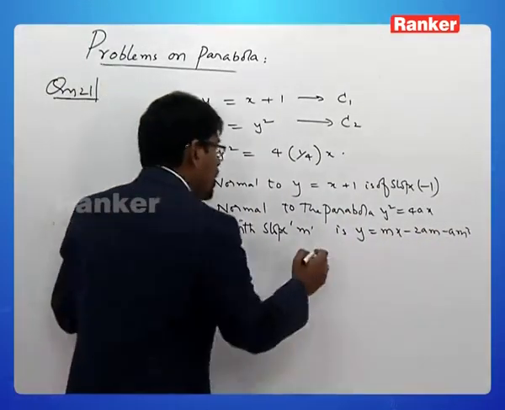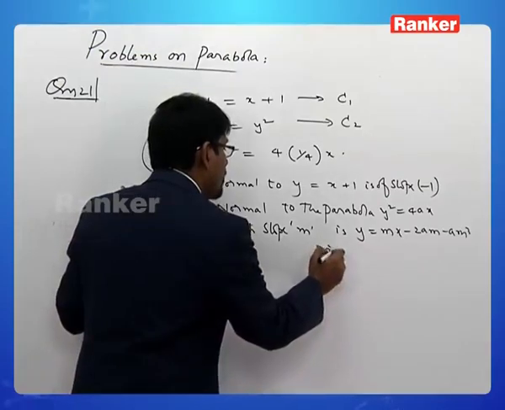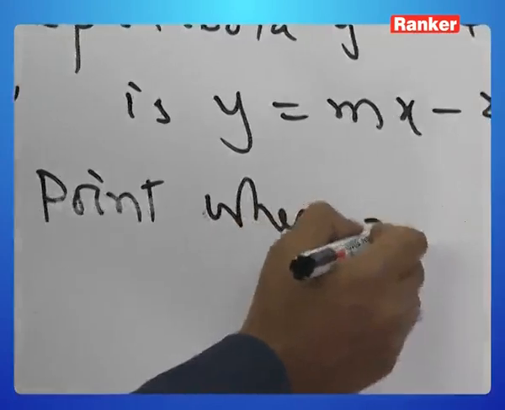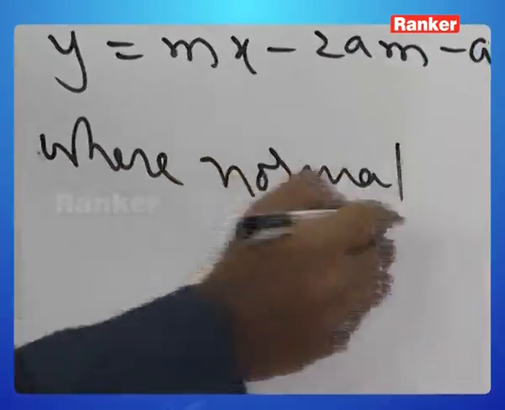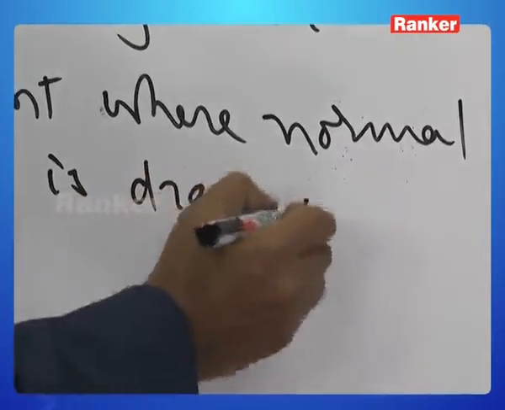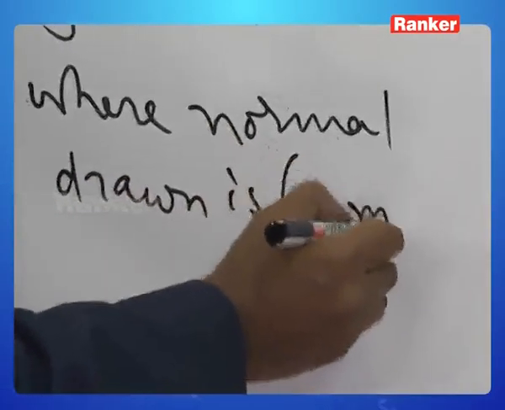And the point where the normal is drawn is (am square, minus 2am).